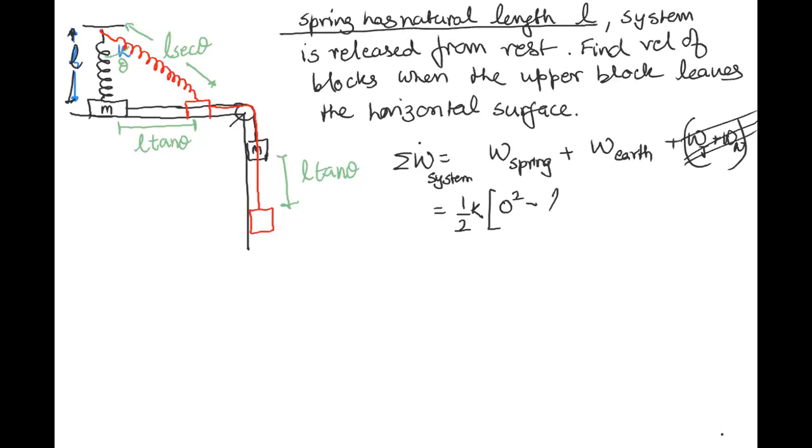So it must be L sec theta minus L whole square. This is the elongation of the spring. L sec theta is the length of the spring at this location, and minus its natural length will give you the elongation. Okay? कहीं पे भी नहीं समझ में आएगा, प्लीज रेज योर हैंड एंड आस्क. Plus work done by the earth on the second block, this is easy, it is equal to mgl tan theta.